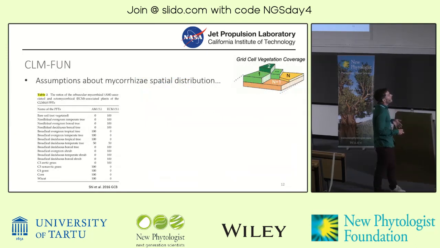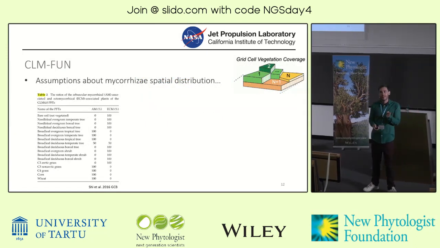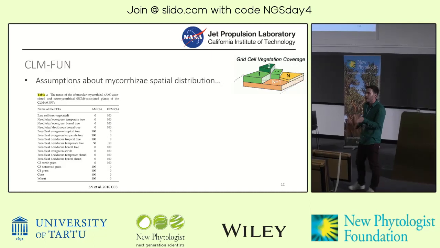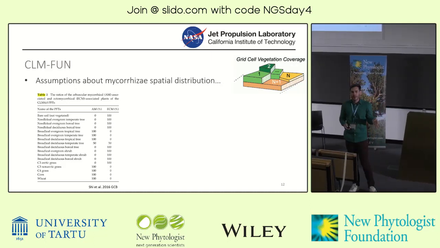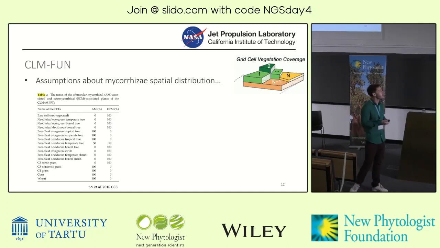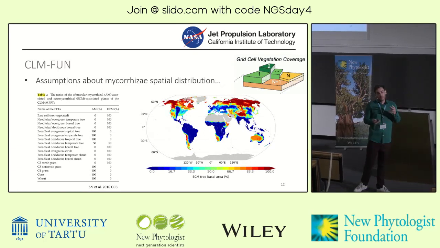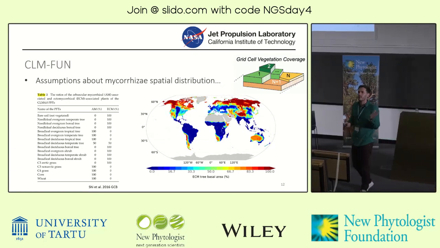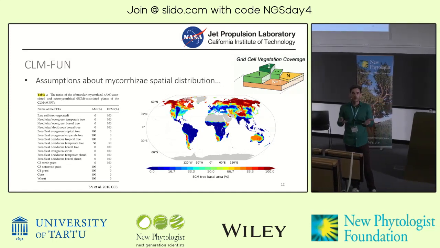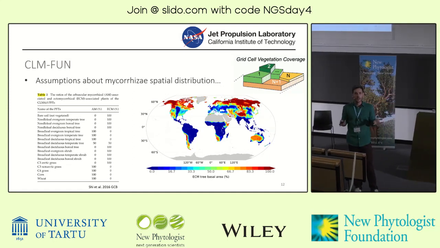But as you may know, when we couple a model that was developed for in situ measurements to a global model, we have to make lots of assumptions, and it's a lot of work, actually. So one of these unknowns is the spatial mycorrhizal distribution on Earth.